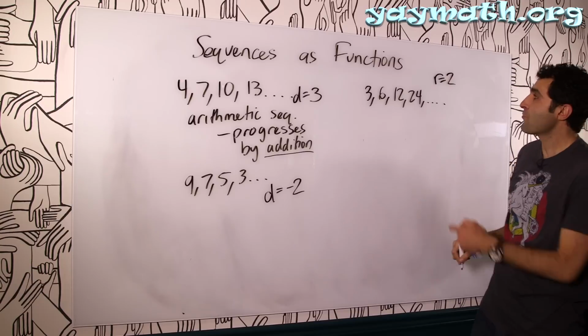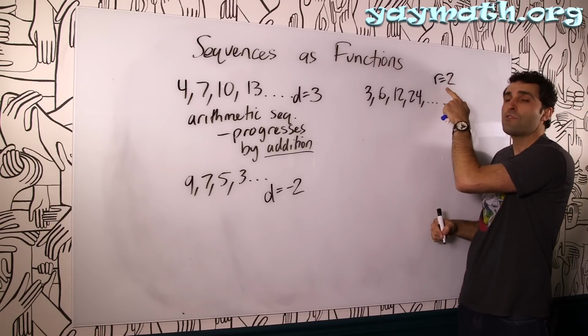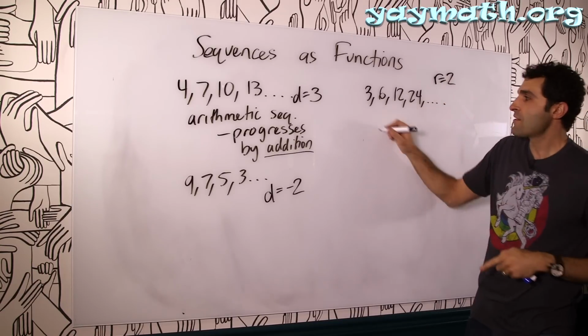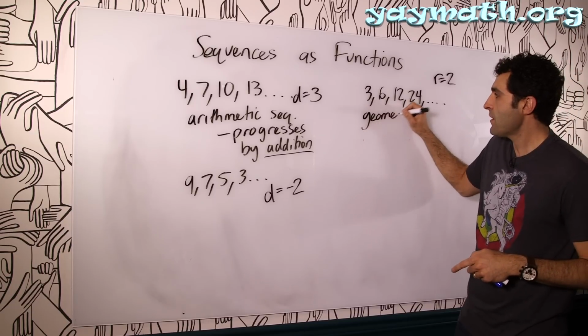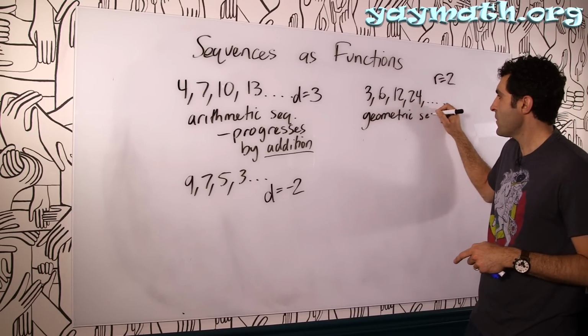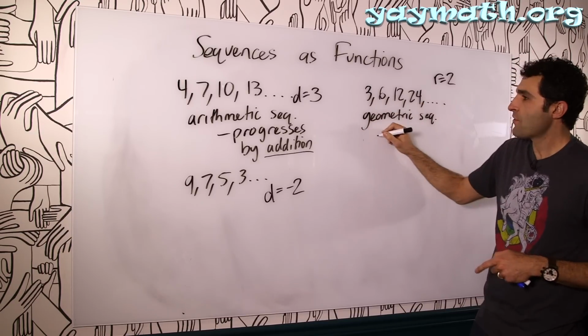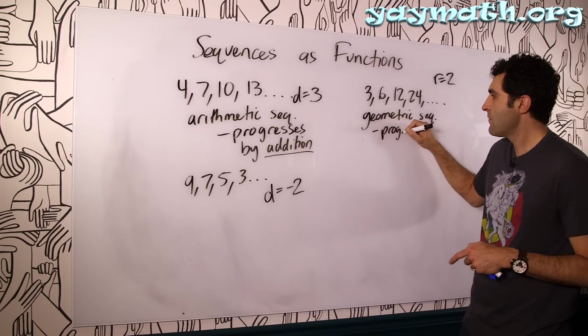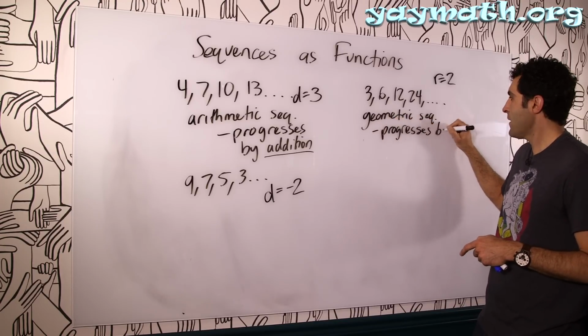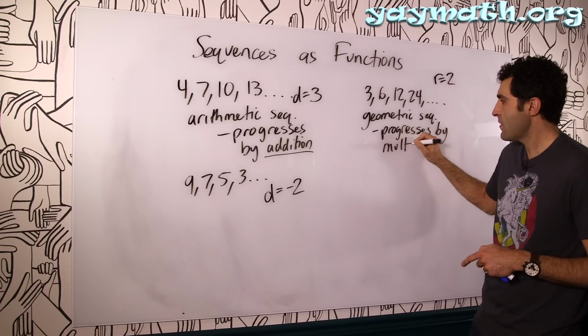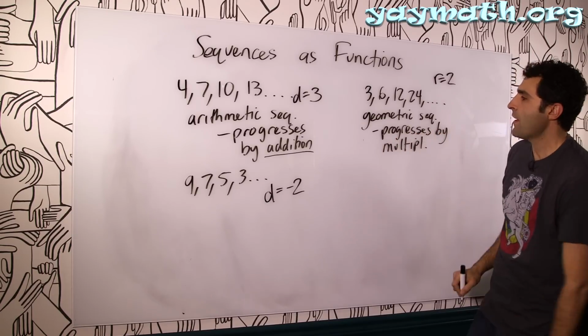That rate of change is 2, so we call that R. This is called a geometric sequence, and it progresses by multiplication.